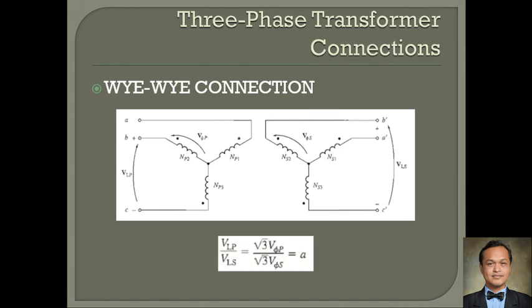The line voltage at the primary over the line voltage at the secondary is equal to the turns ratio, wherein it also follows that the square root of 3 times the phase voltage at the primary is equal to the square root of 3 times the phase voltage at the secondary. Since you can cancel out the square root of 3, the phase voltage at the primary over the phase voltage at the secondary is also equal to the turns ratio.